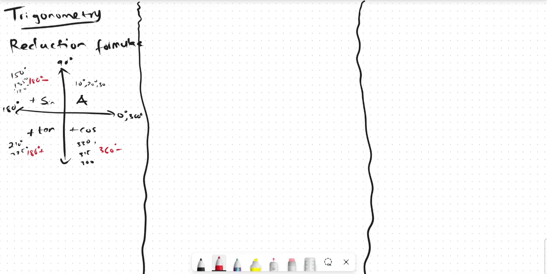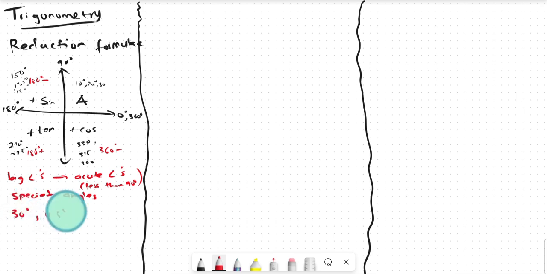We are changing big angles to acute angles, angles that are less than 90 degrees. But for now, we are going to use only 3 special angles: 30 degrees, 45 degrees and 60 degrees.